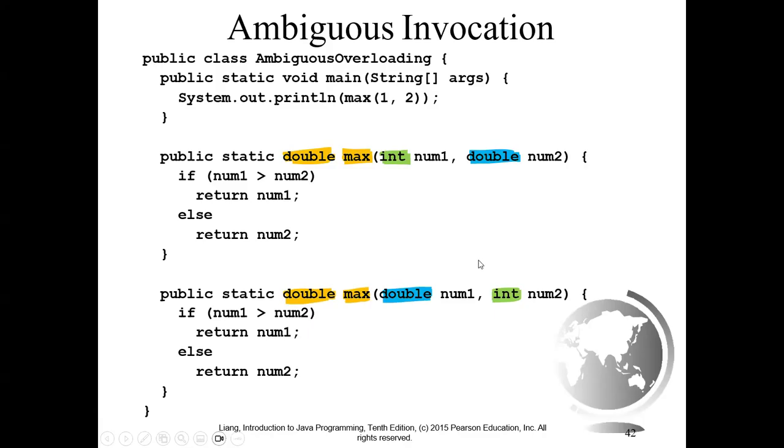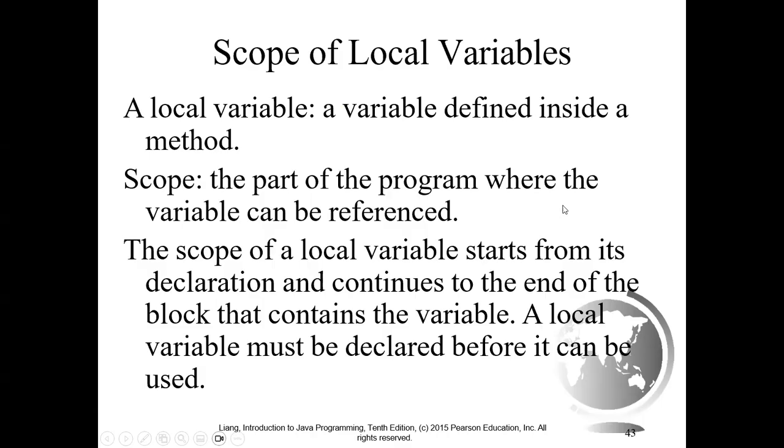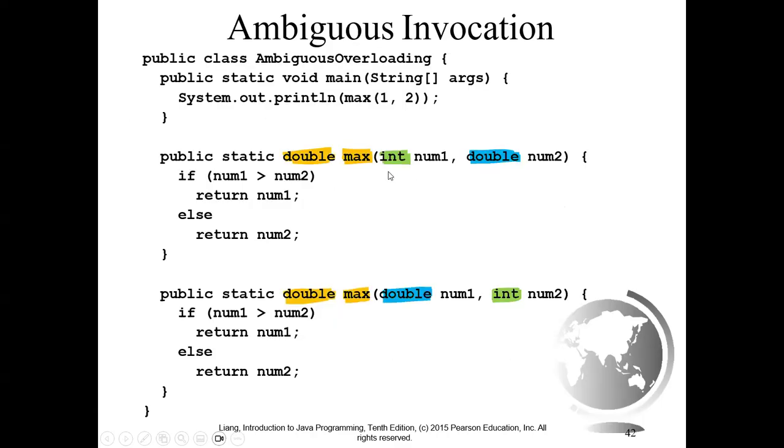So what will happen? I don't know. It depends on the number 1 and number 2. Actually, in this case, I don't think it will matter, because the integer will be upgraded to double automatically by the compiler. Actually, modern compilers have some mechanisms to tackle such scenarios. So usually you shouldn't worry about that, but it's not a good habit to write such a thing.